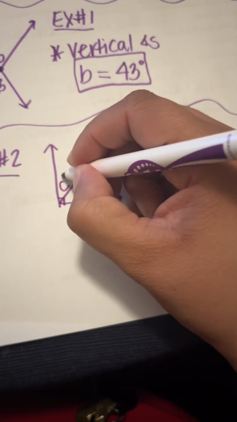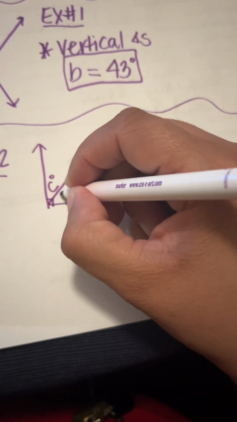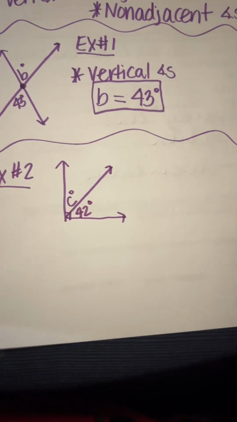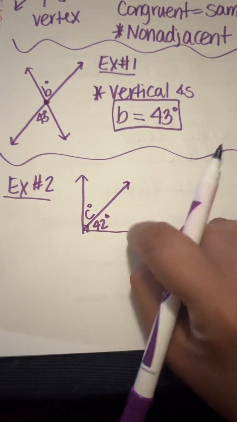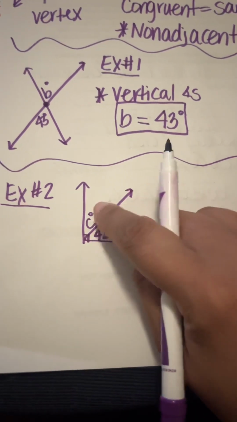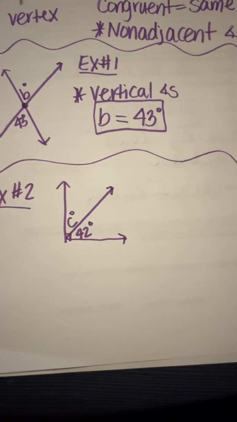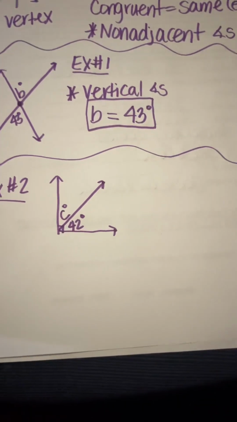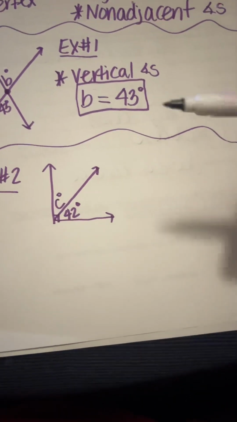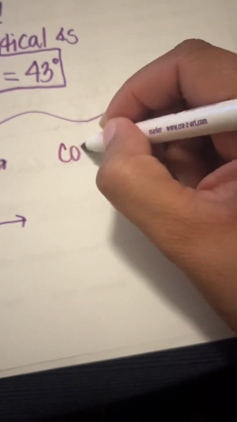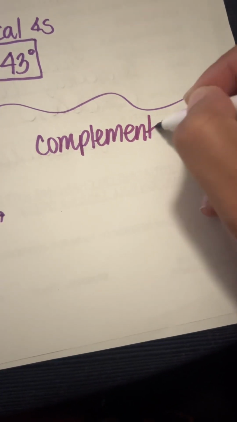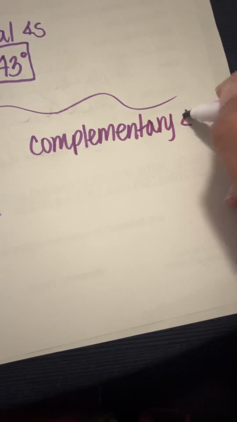Let's say I need to find the value of C and one of the angles is 42. Well, first off, you need to know what type of angles these are. Because this forms a 90-degree angle with the square in the corner, these are complementary angles. And what do we know about complementary angles? They add up to 90.